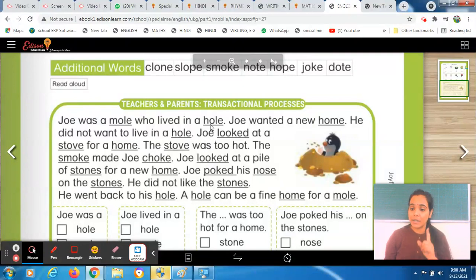So firstly, he thought to have a new home in a stove, but the stove was too hot, so he dropped the idea. Again, he looked at a pile of stones, but he found that he doesn't like stones. So he went back to his old home, that is a hole. So students, this is all about the story of Joey.